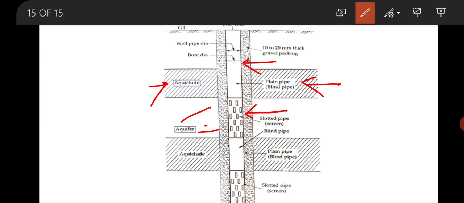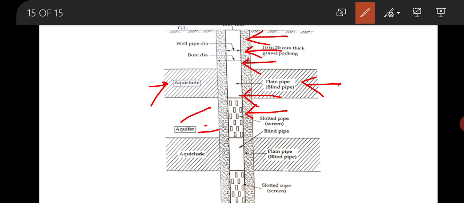So in this case, after placing the assembly of the plain and slotted pipe in the bore hole, that means first this one is the casing pipe and this one is the assembly of plain pipe and slotted pipe, gravel is filled into the hole, and it will surround the well pipe for a thickness of 10 to 20 mm.